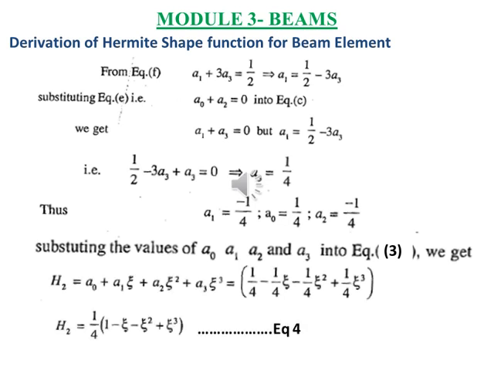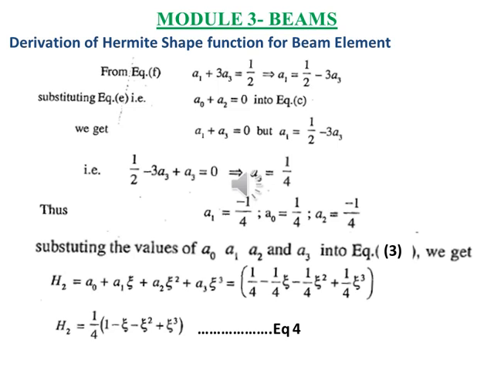So after finding the values of a0, a1, a2 and a3, substituting this in equation 3, so equation 3 can be rewritten as h2 is equal to a0 plus a1 neta plus a2 neta square plus a3 neta cube, that is equal to 1 by 4 minus 1 by 4 neta minus 1 by 4 neta square plus 1 by 4 neta cube, or in simple words, h2 is equal to 1 by 4 into, taking 1 by 4 outside, 1 minus neta minus neta square plus neta cube.